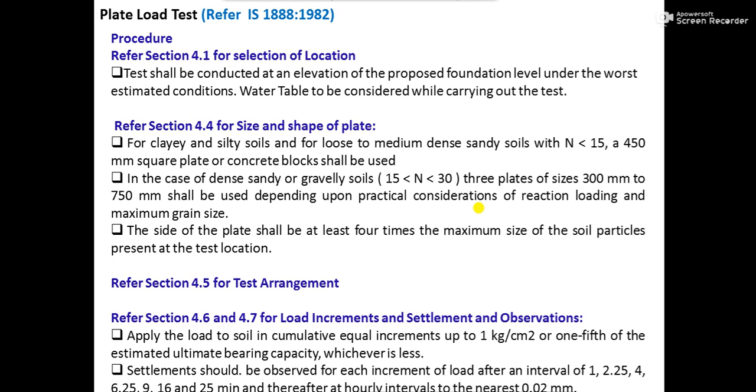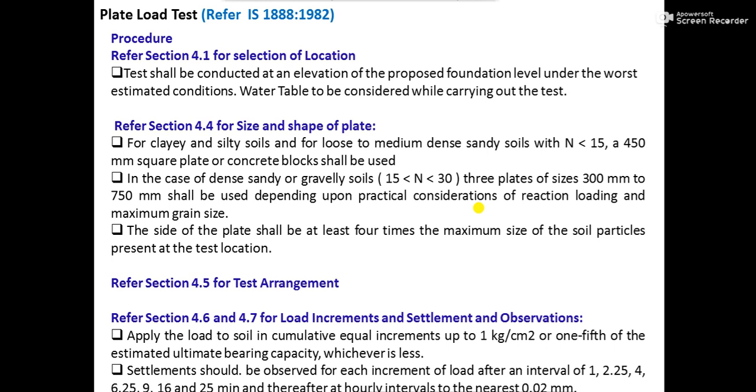That means you should be waiting for hours together to check whether the soil is still settling because of the load you have put on the loading frame. Only then should you increase the loading on the loading frame. So until and unless the settlement has subsided, you will have to wait and see, and only then should you increase the load.